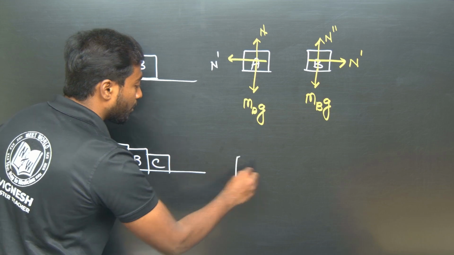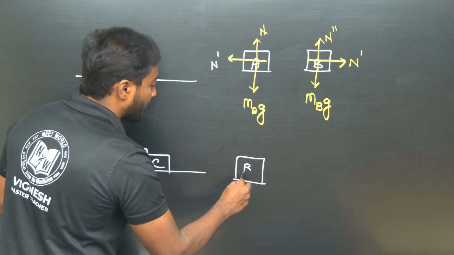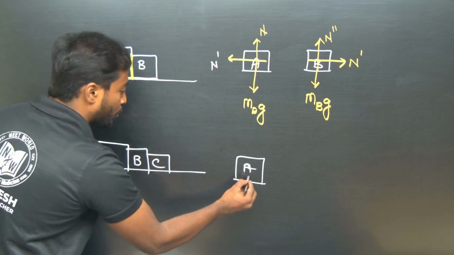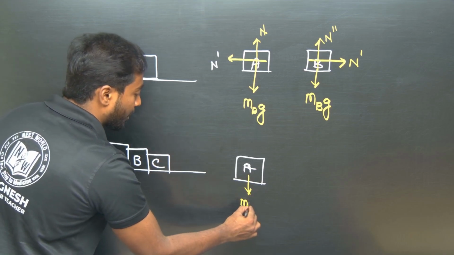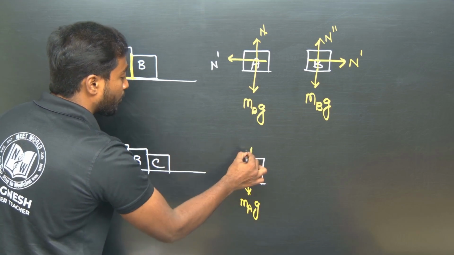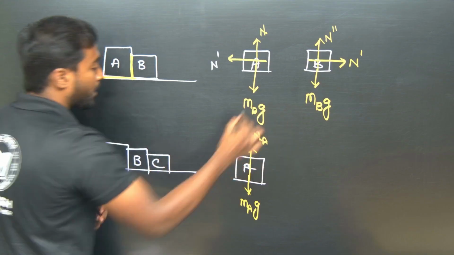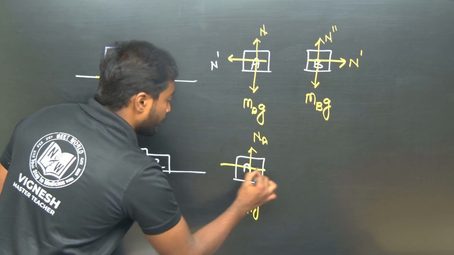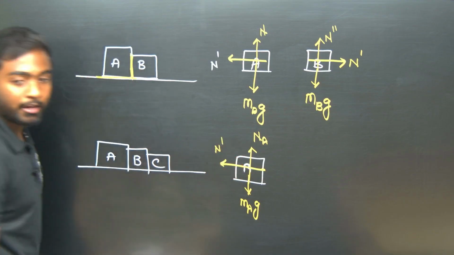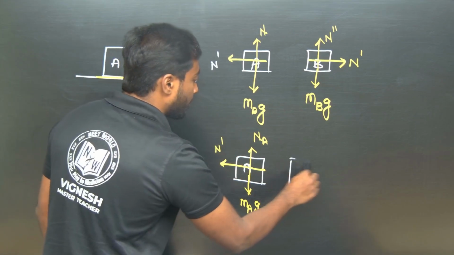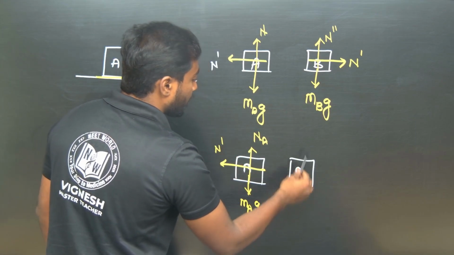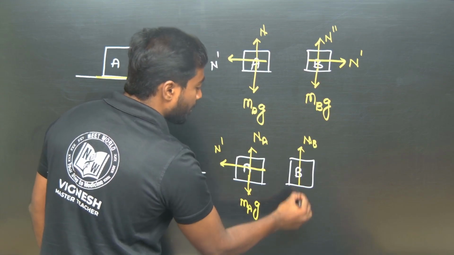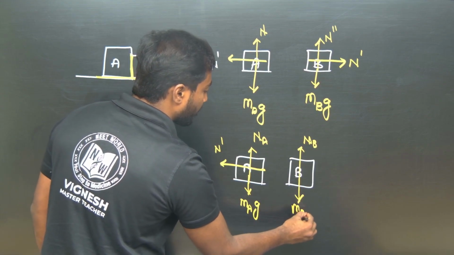So block A, what forces are available? One is normal force, one is weight. So weight will be towards down, no? Mass of A into gravity and the normal due to A. And one more thing, due to B, that is N dash I will take. Next one, mass of B. So normal reaction will be there by B and weight will be there.